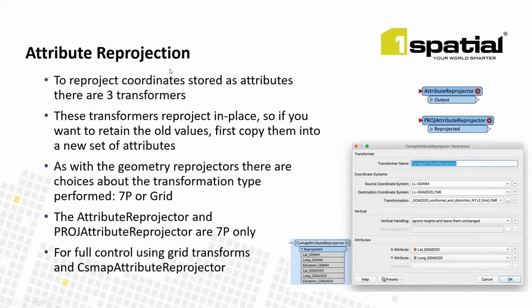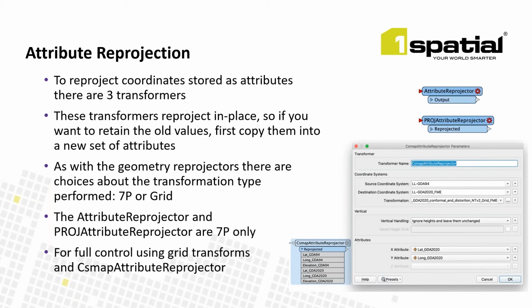So we have 3 transformers here in FME to do this. We have the attribute reprojector, the proj attribute reprojector, and the CS map attribute reprojector. They're pretty much the same as their geometry counterparts, but they do the reprojection in place.